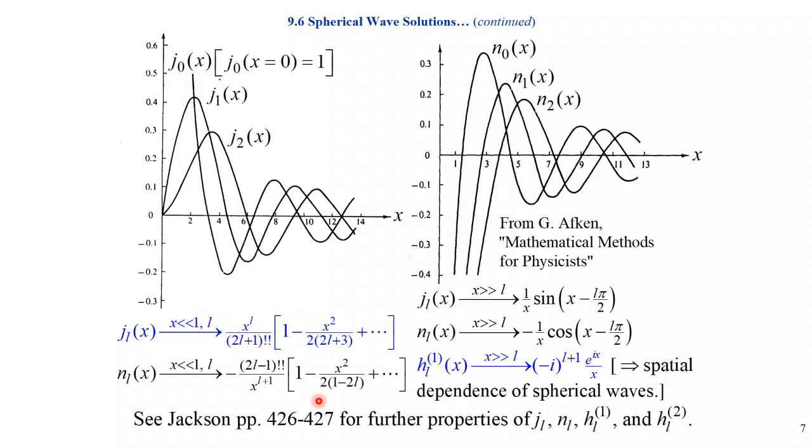First, I just mentioned J and N look like sinusoidal waves. However, J0 close to x equals 0 equals 1. It looks like sinusoidal. And N from here looks like sinusoidal, but be careful about this one.